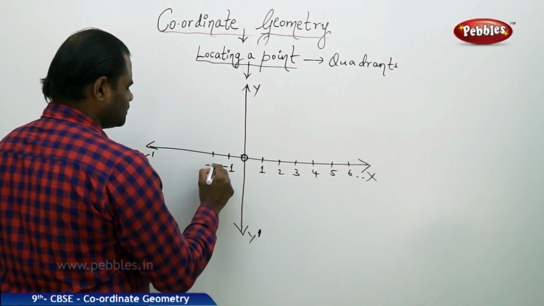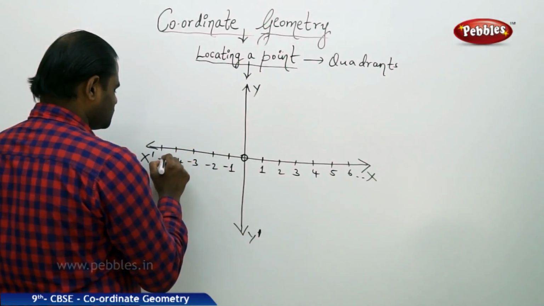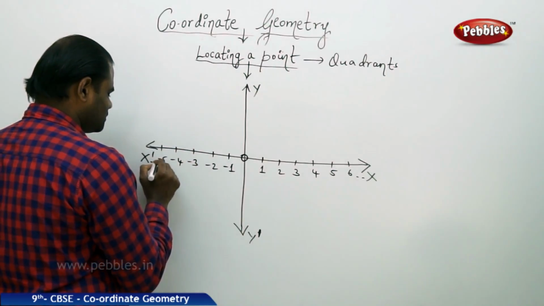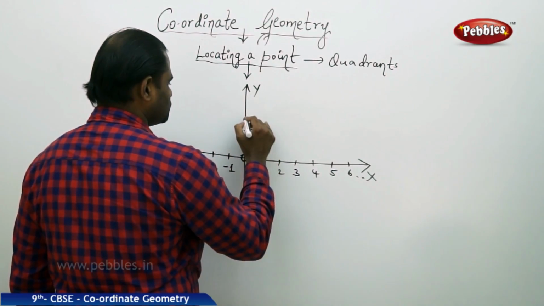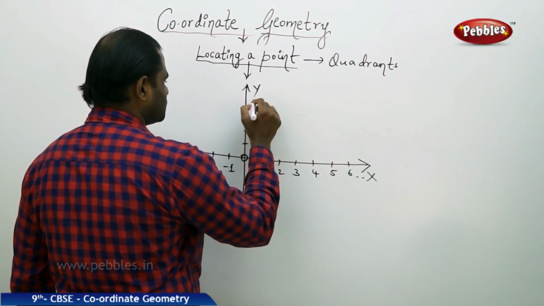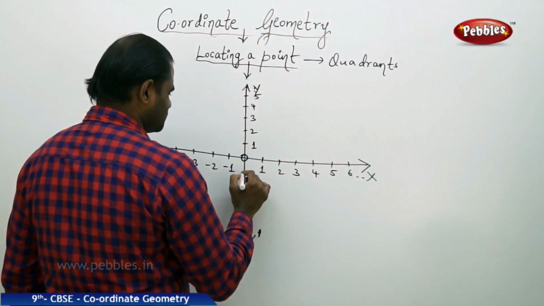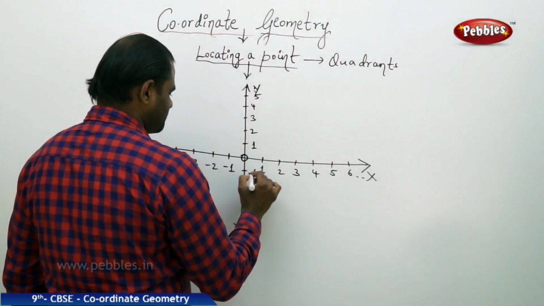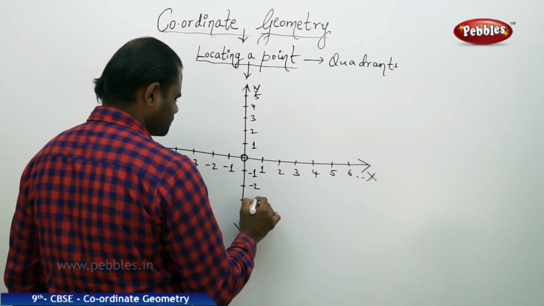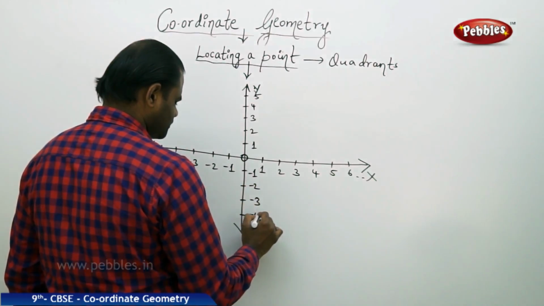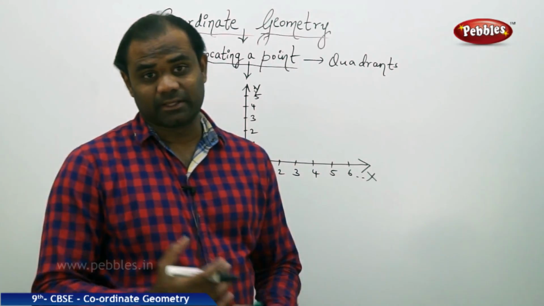Negative 1, negative 2, negative 3 and so on. Here lies 1, 2, 3, 4, 5, and minus 1, minus 2, minus 4, minus 5, etc.